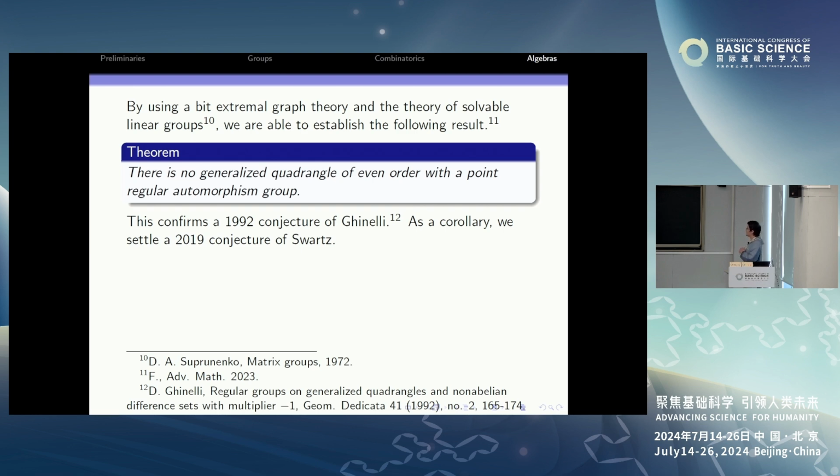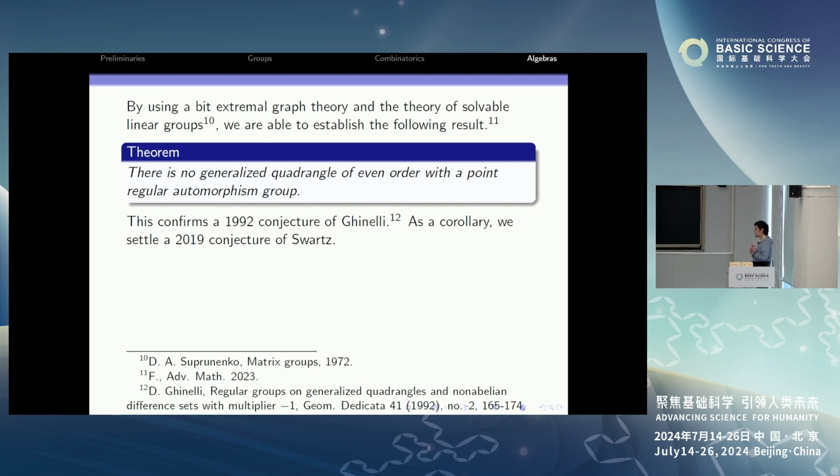The solvable linear groups were studied in Suprunenko's book in 1972, so before the classification was done. Actually, my original proof made use of the Aschbacher list, C1 to C8 and type S. So it's long.